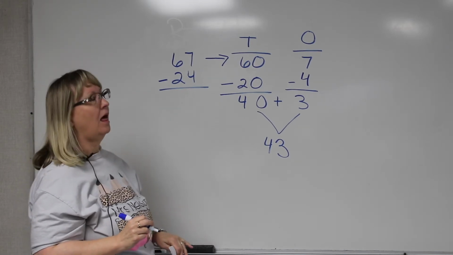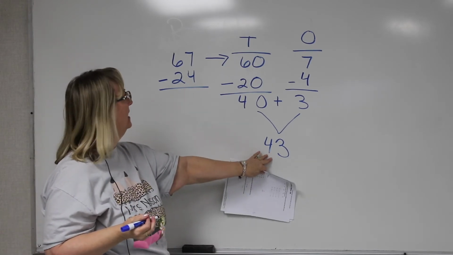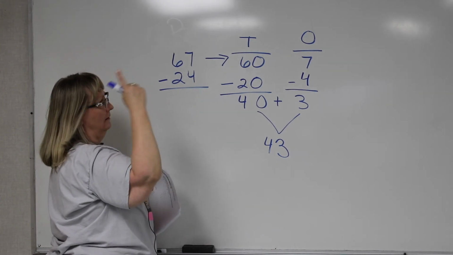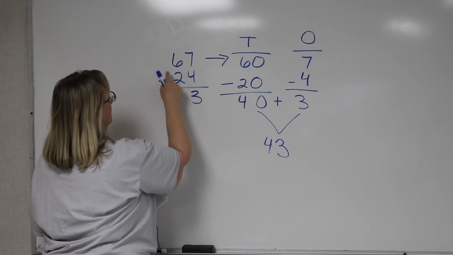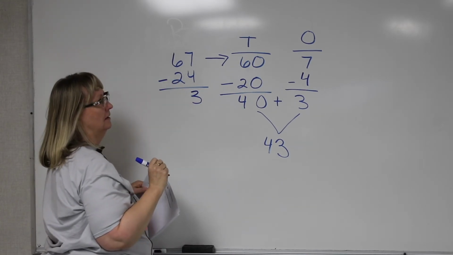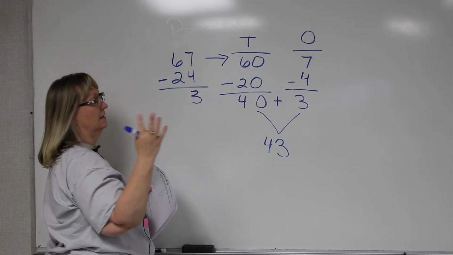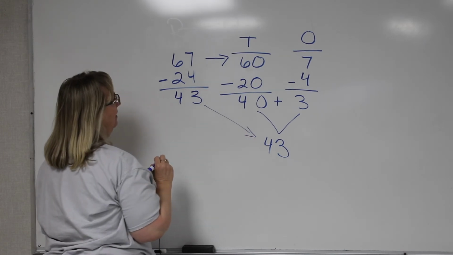So let's do it the standard way to see if we come up with the same answer. So 7 minus 4, remember 4, 5, 6, 7 is 3. 6 minus 2, 2, 3, 4, 5, 6 is 4. Are they the same? They are.